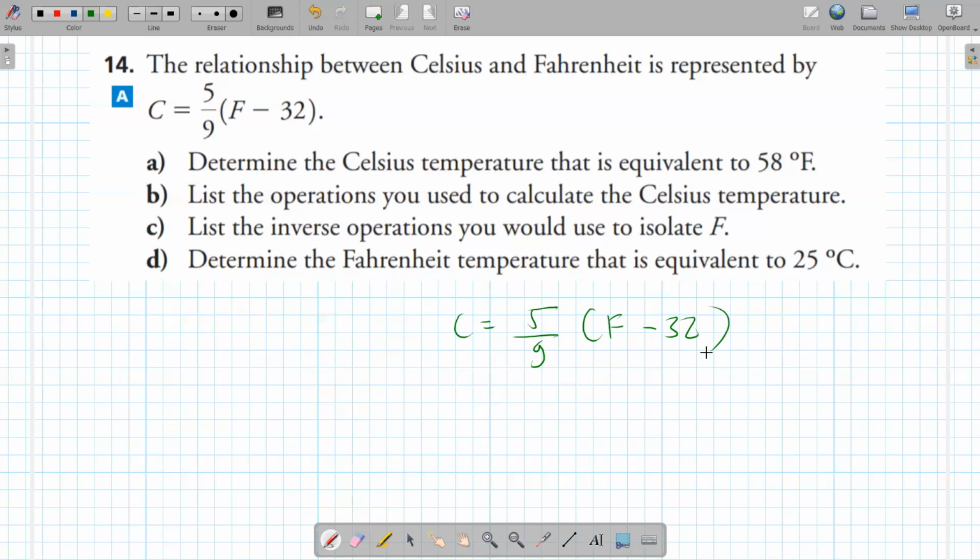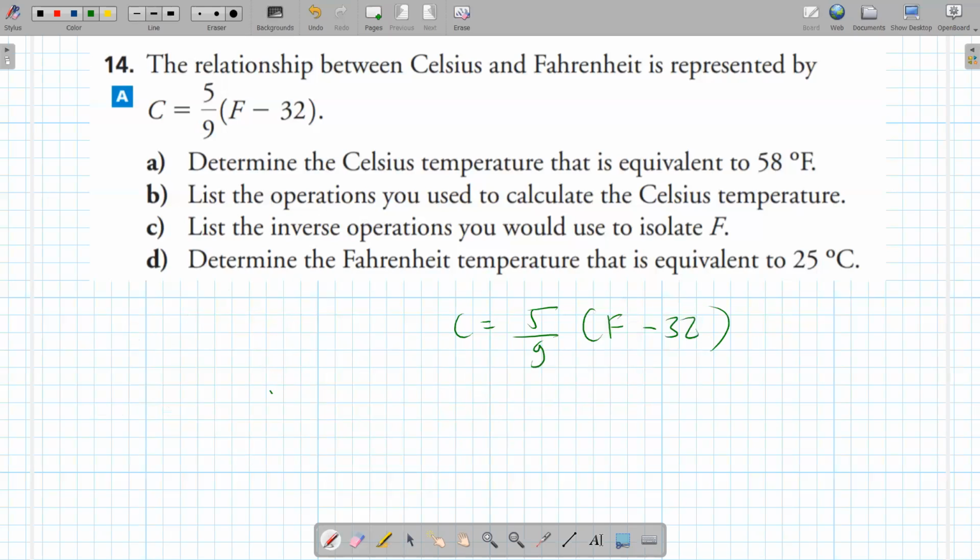So we're trying to come up with an equation that gives us F in terms of C. We're trying to isolate for this F here.